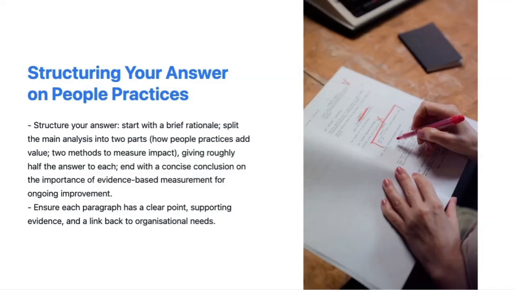Second, look at two strong methods for measuring their impact. Try to allocate about half your answer to each section. Finish with a concise conclusion that pulls everything together. Why does evidence-based measurement matter for ongoing improvement? And remember, each paragraph should have a clear point, some supporting evidence, and a link back to the needs of the organization.